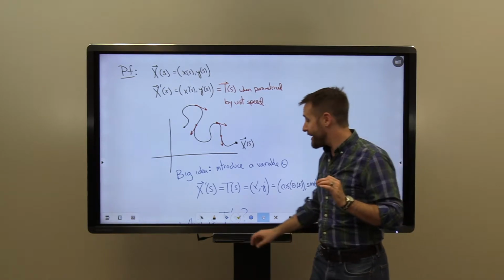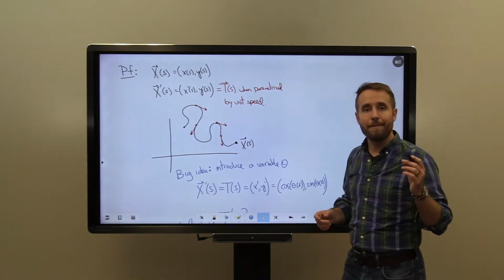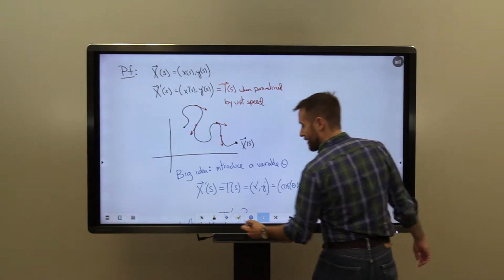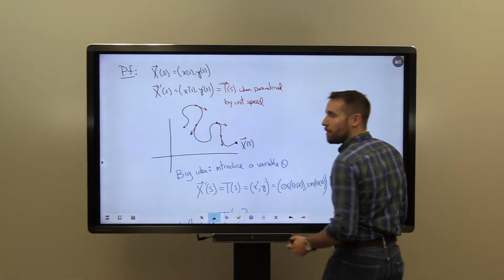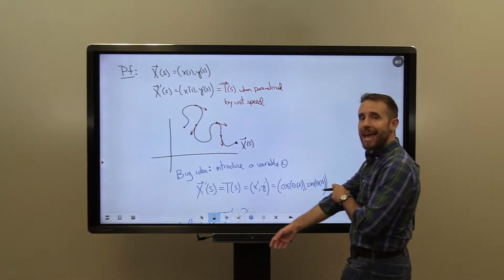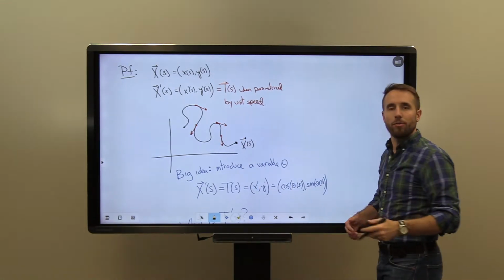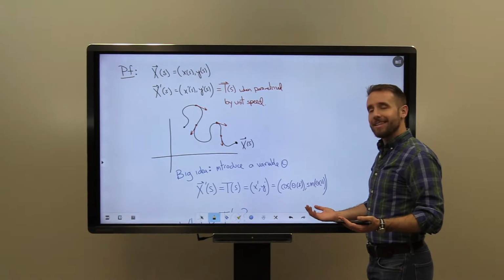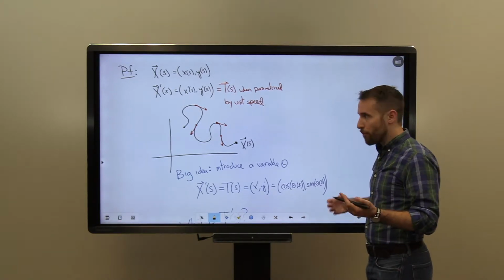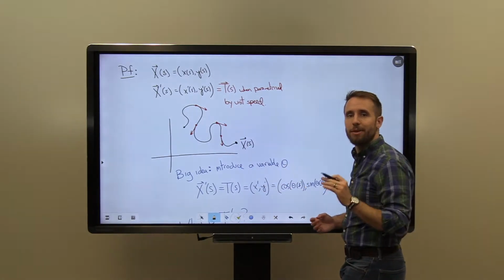And a big idea that we're going to use is we're going to introduce this new variable, theta. And specifically, theta is going to be a measurement of angle. Because all of these red arrows have length equal to 1, because we're at unit speed, the real distinguishing factor between each of these arrows is the direction that it's pointing in.